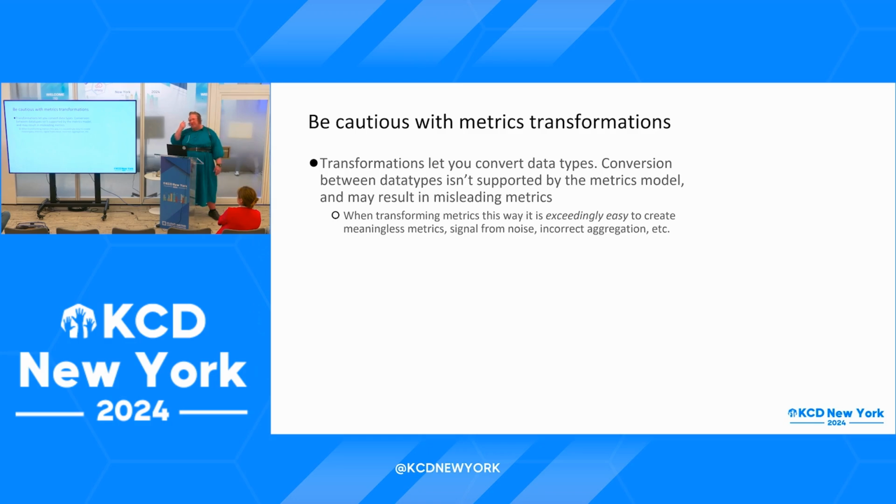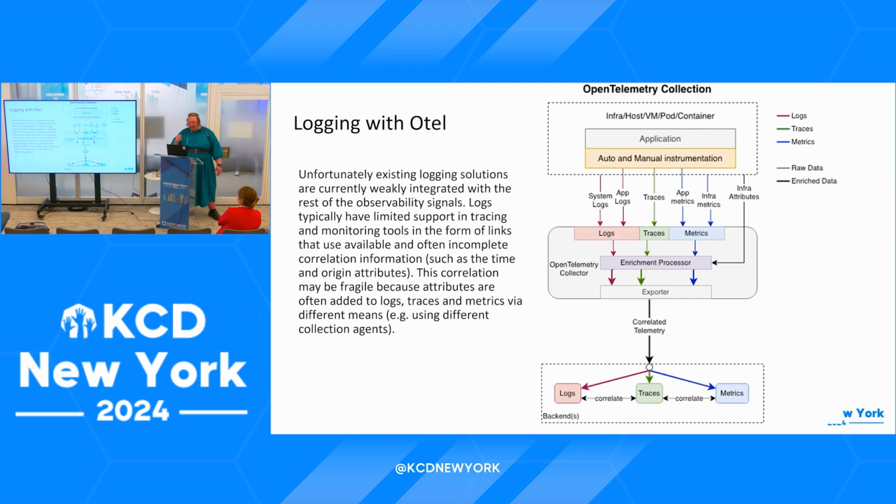If we all remember back to being Excel jockeys in a high school science class, you realize that you can do things with averaging, converting metrics that are not smart, and that will create illusory averages, statistical illusions within your data set. So you can do it, but maybe not by default.